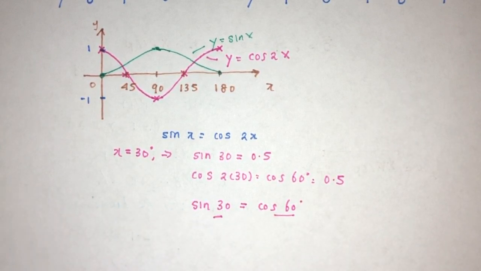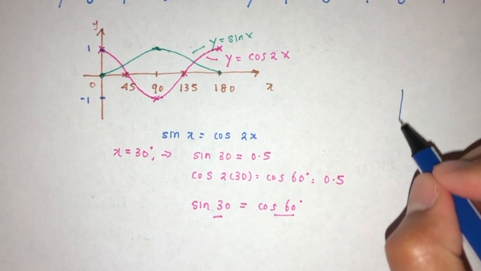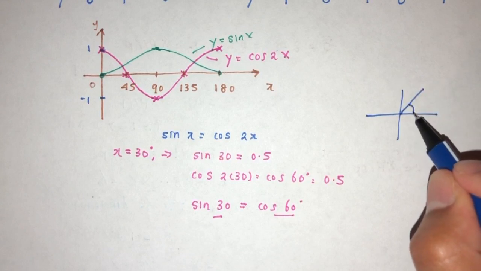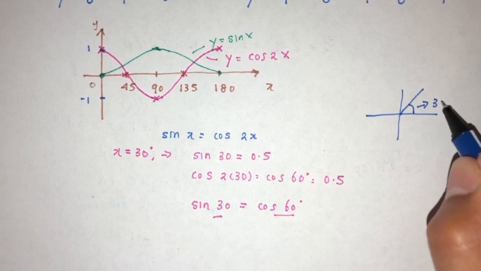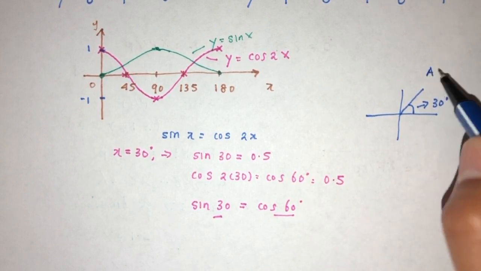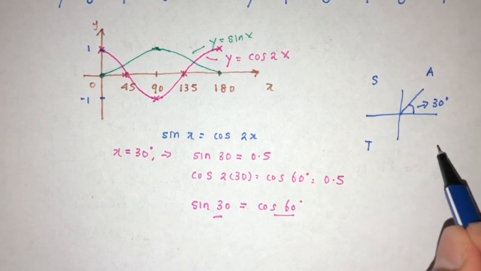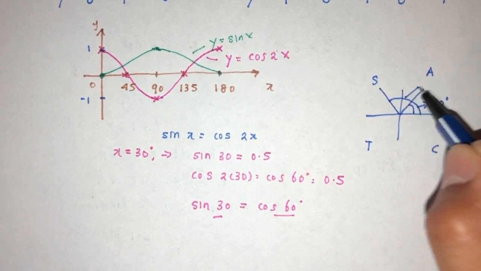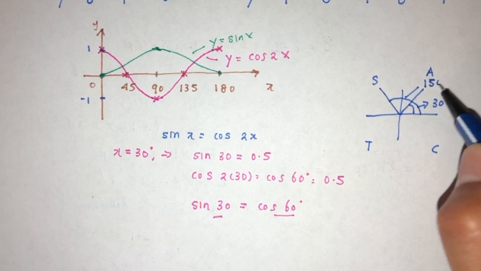Now we have to state the other root of this equation. So pretty easy. As we know, when sine of 30 is a value here, what is the other root? We know when sine is positive is A, S, T, C. So we'll have another root in this quadrant, which is this one. That will be 180 minus 30, that should be 150.